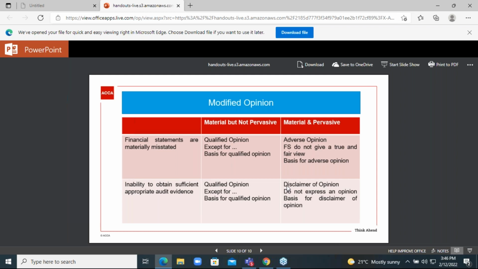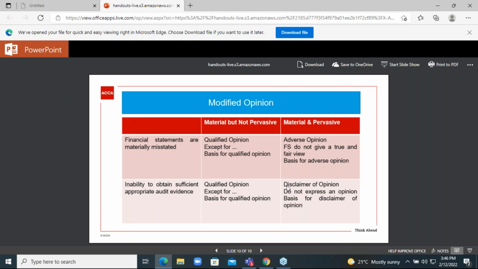So there are two misstatements that are considered as pervasive: skipping a subsidiary in consolidated financial statements, because subsidiary is added line by line in consolidated financial statements, and if we have missed a subsidiary, assets figure, current assets figure will be wrong, liabilities figure will be wrong, or revenue and expenses figure will be wrong. So we can say that every figure of financial statement is wrong.